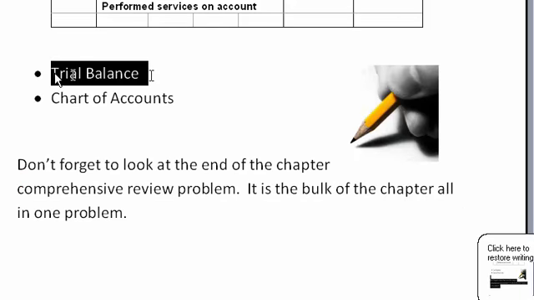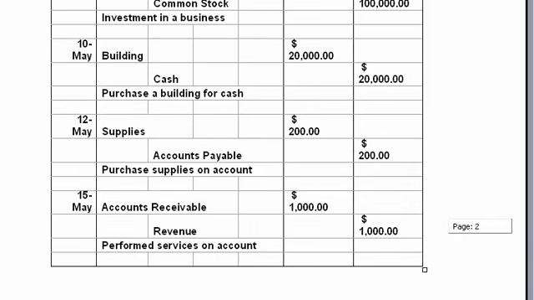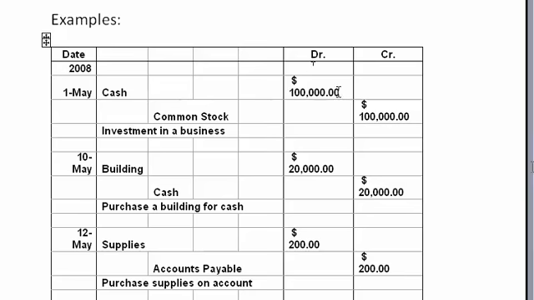Two more real quick little definitions. When we get all done with a month, or get done with a quarter or a year, we get to the end of an accounting period, to make sure that our accounts are okay before we go on, what we do is we make a trial balance. And with that trial balance, there's good ones in your textbook. We would just list every account, and we'd list it with its debit or its credit balance.